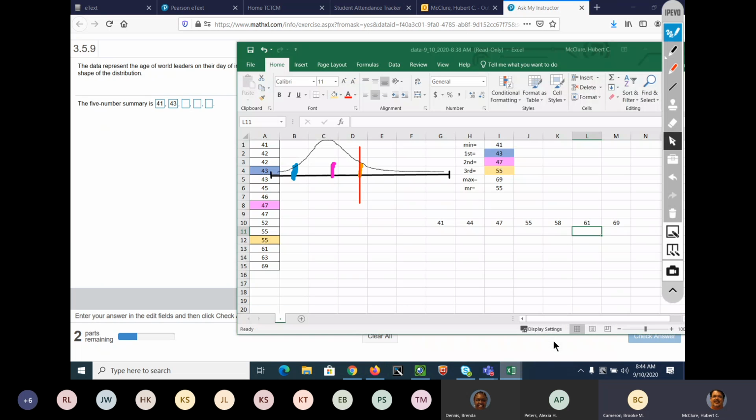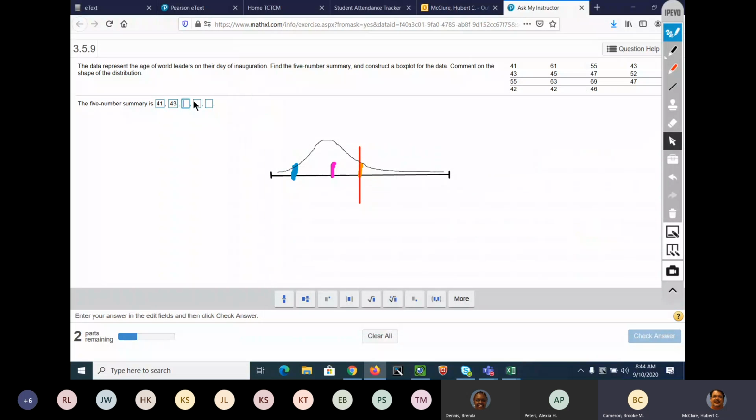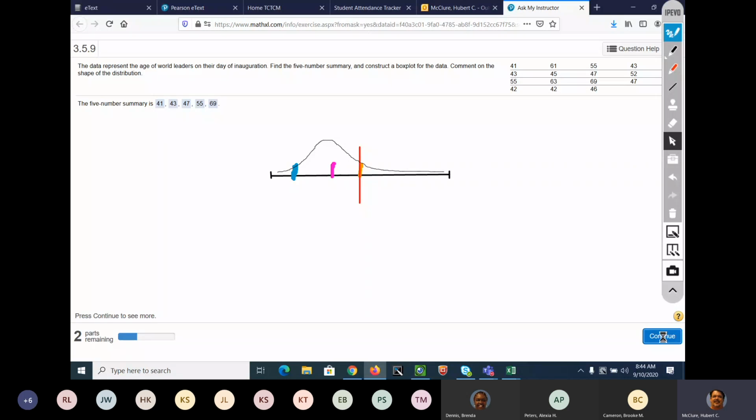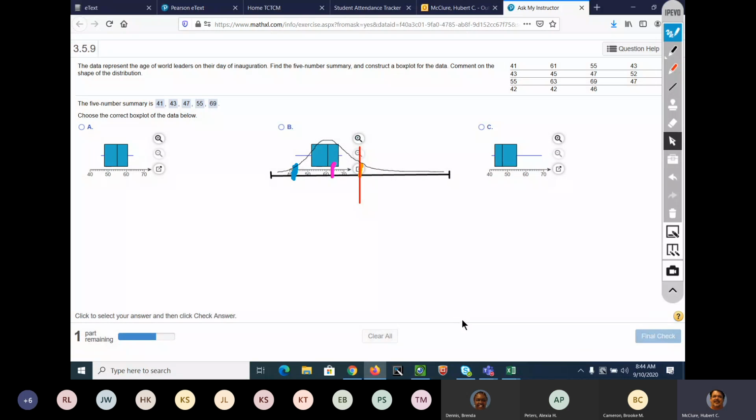Your min is 41, your first is 43, 47. Yep. 55. And the last one, 69. And that should be correct. And here, there's your box plot.